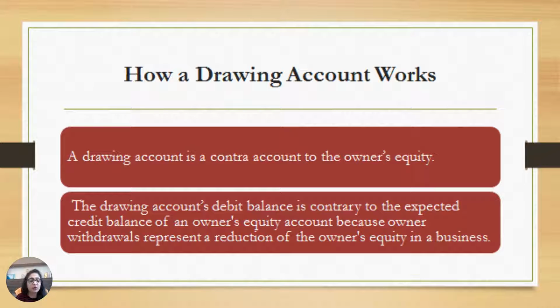Now, whatever capital contribution is made by the partner, or whatever capital has been brought by the proprietor into the business, whenever he withdraws some amount, which we call drawings, his capital contribution gets reduced. The capital contribution is a credit balance, and the drawings, money withdrawn for personal use, are a debit balance. So his capital contribution is getting reduced as he makes drawings from the firm's account.